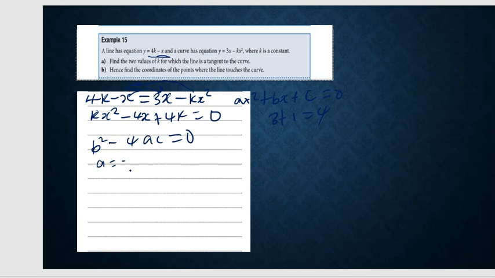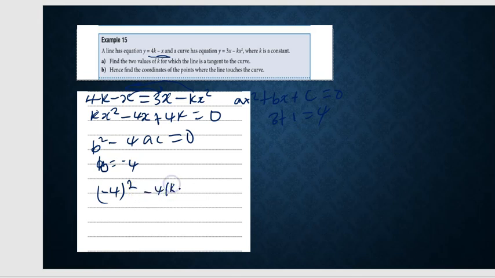What is our a in that equation? Our b here is negative 4. So if we substitute, it becomes negative 4 squared minus 4ac.